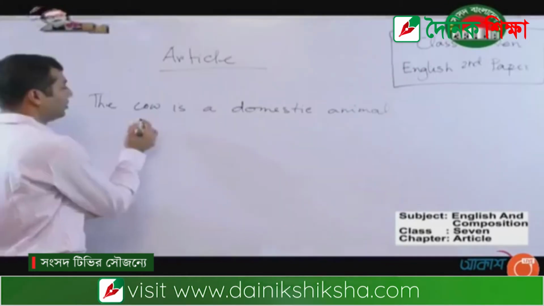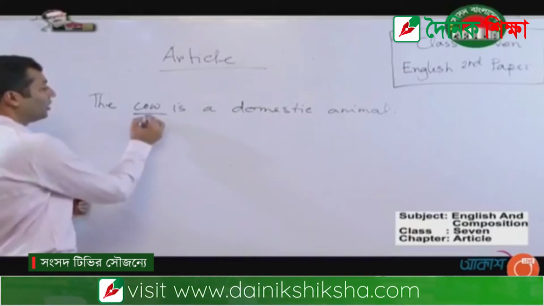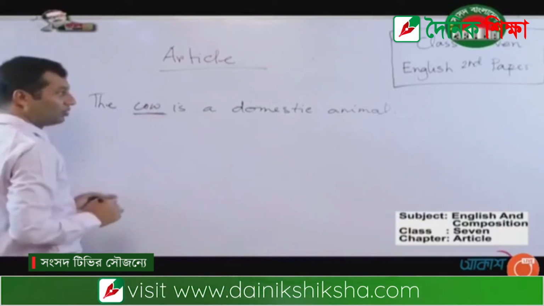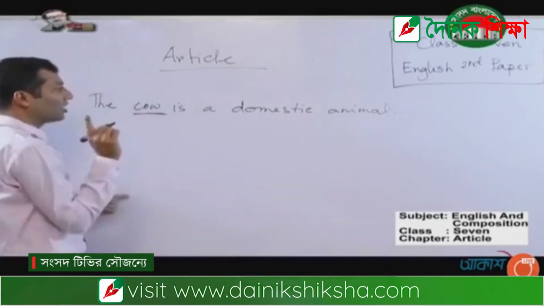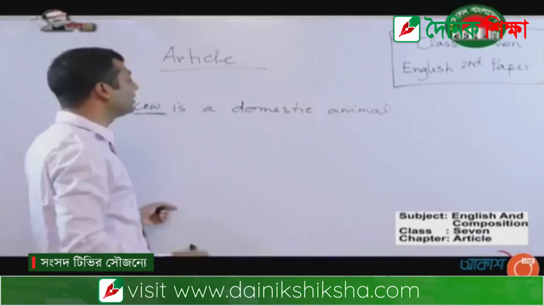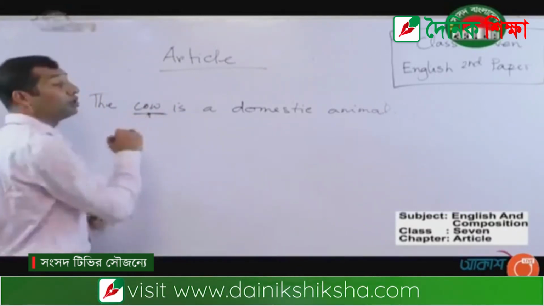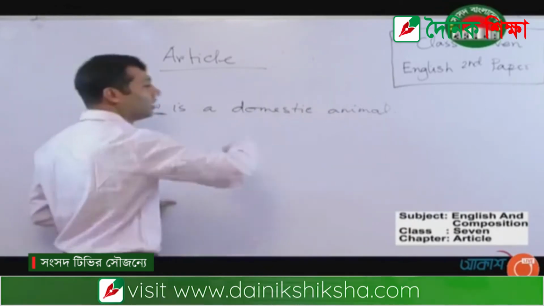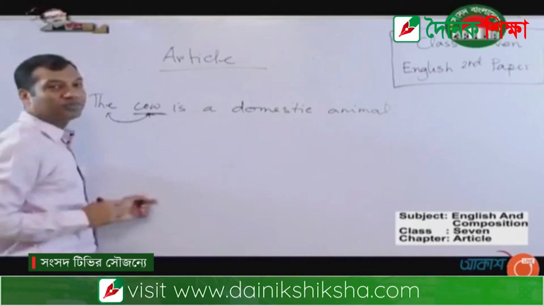So students, look at here the word cow. Cow is a common noun and it represents the whole class, that not a single cow is only a domestic animal. All the cows in the world are domestic animals. So when a singular noun represents the whole class, then we need to use the article the before this noun.